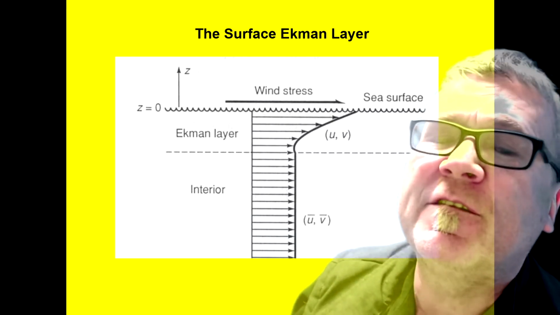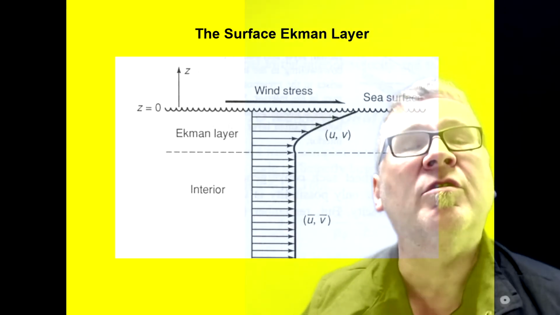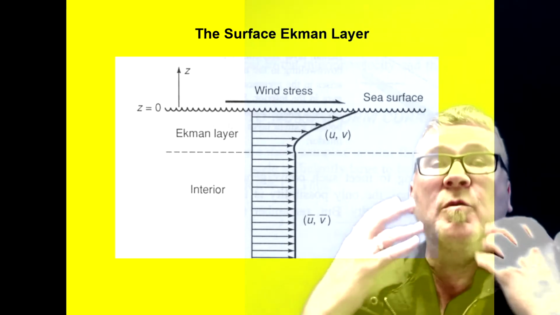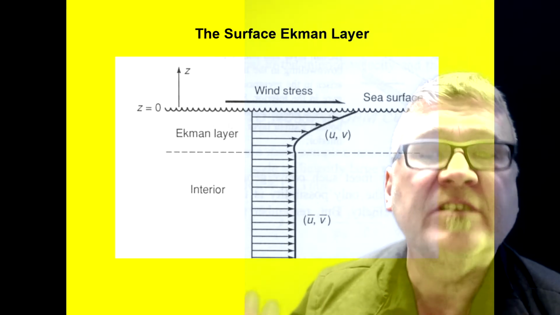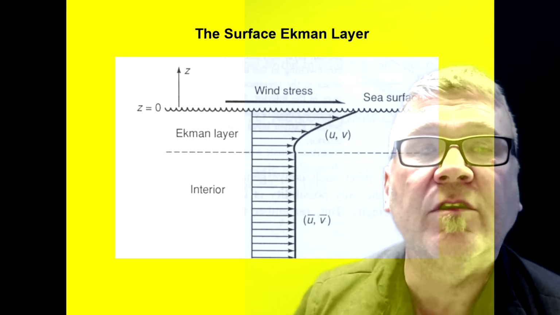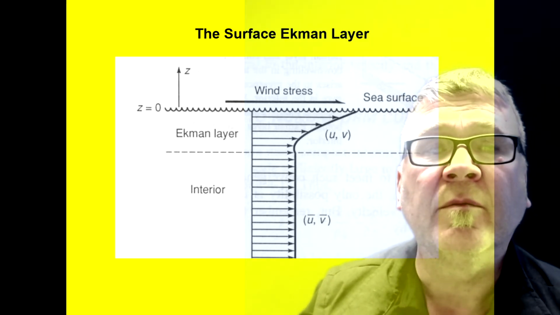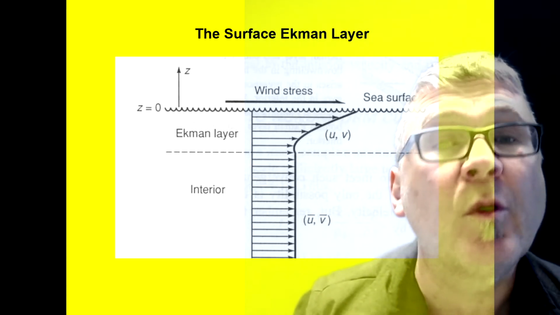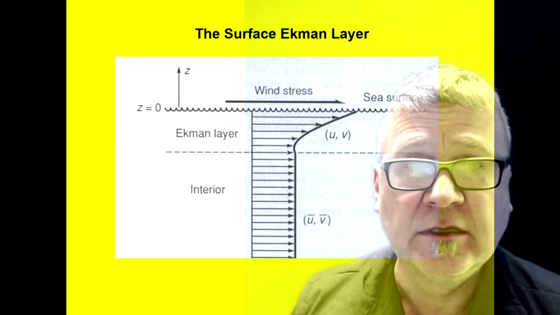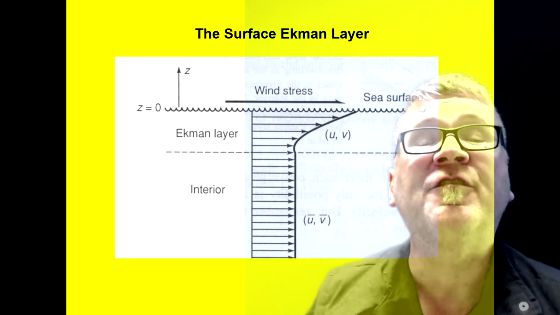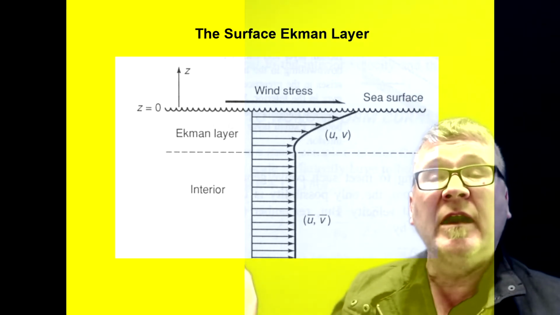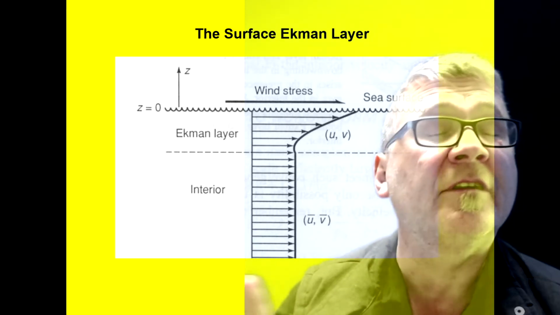So now, in the first application of the Coriolis force, we want to model the so-called surface Ekman layer. Forget about shallow water equations. Now we're looking at a one-dimensional problem in the vertical.